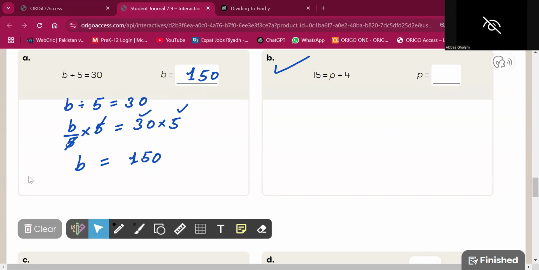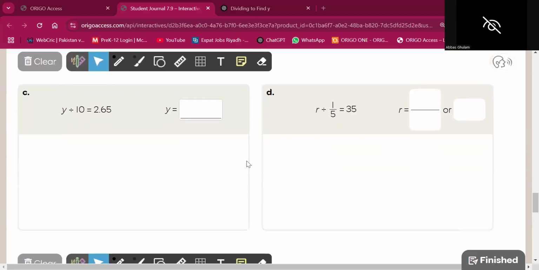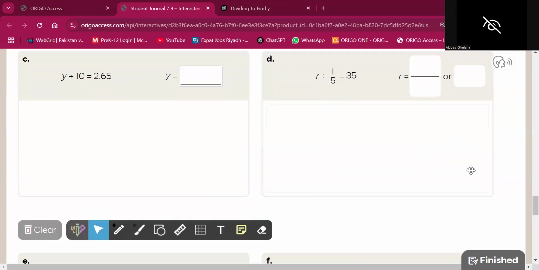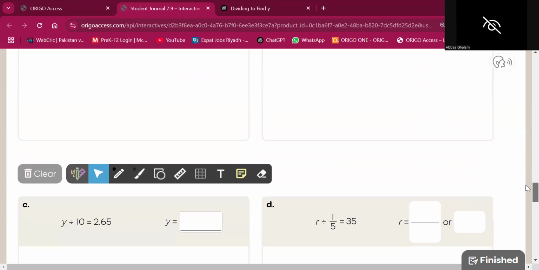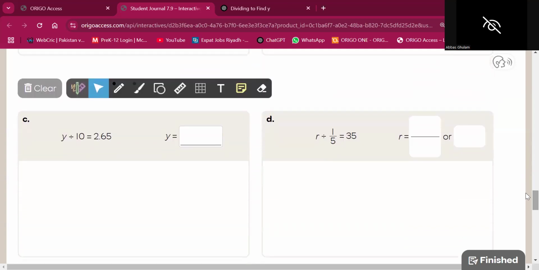Let's see something different or new for us, if there is. I like to solve this question because I also give an example like this in problem solving. Let's try it again. So here is r divided by 1 out of 5, that is equal to 35.